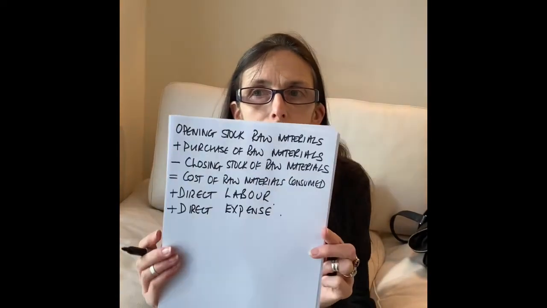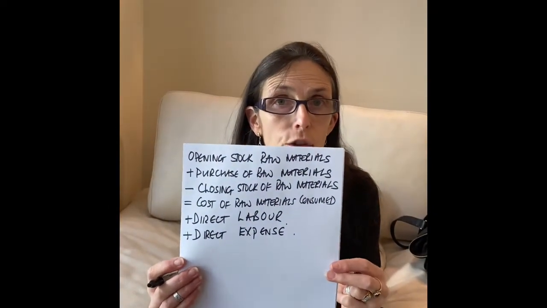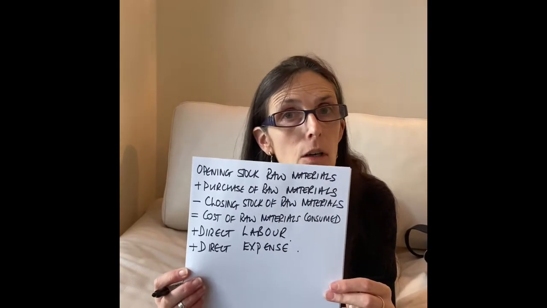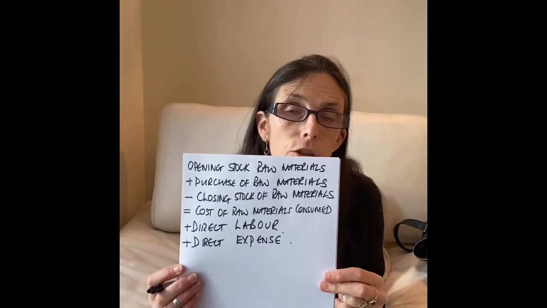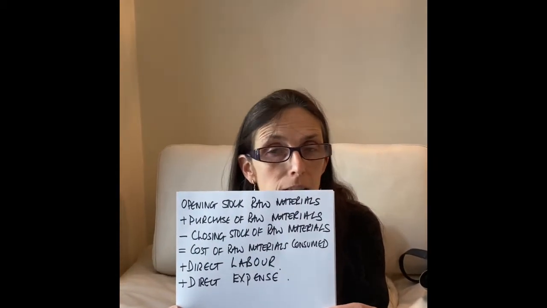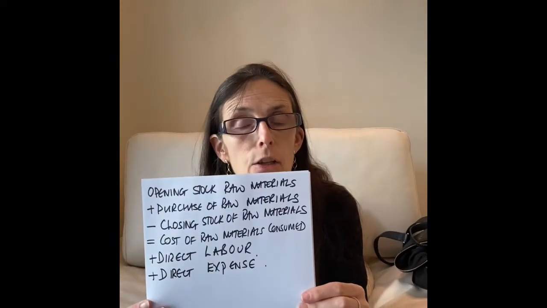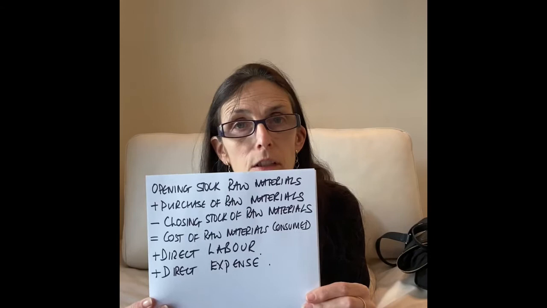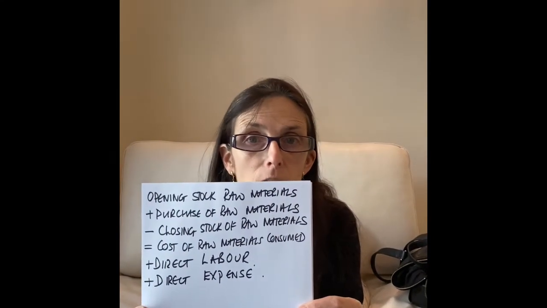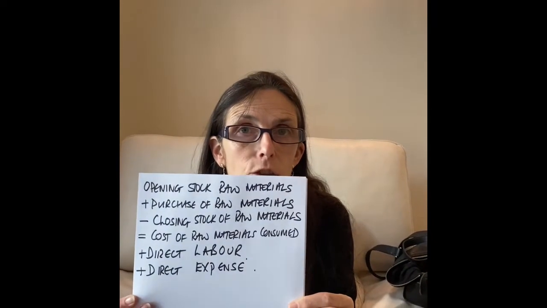At the moment then, we said that costs are broken down into material costs, into labour costs and into expenses. Those are some of the earlier lessons that we've done. Here you can see that we've taken the direct materials, the direct labour and the direct expenses involved in the manufacturing.